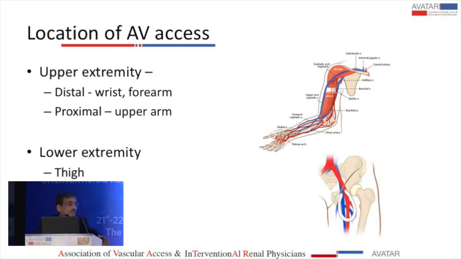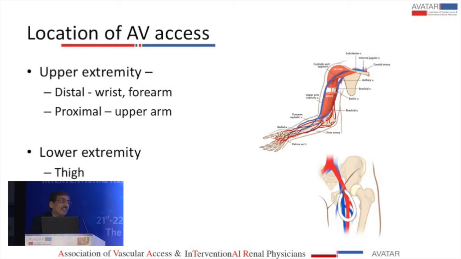It can be either in the forearm or in the upper arm, and surgically they are less challenging, and those are the AV fistulae that most nephrologists start off learning when they start creating their own AV fistulae. As opposed to that, the transposed AV fistula could be a one-stage or a two-stage surgery. It can be in both the forearm and upper arm, and it is surgically more challenging and takes greater time for healing.